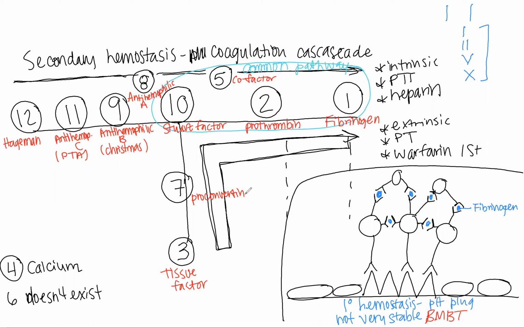Okay, so then the other thing that is important to understand is when we're doing an in vitro test in a test tube, what are we doing and what exactly does that test mean? So for in vitro testing of the extrinsic pathway, we're going to add tissue factor, calcium, and phospholipids.